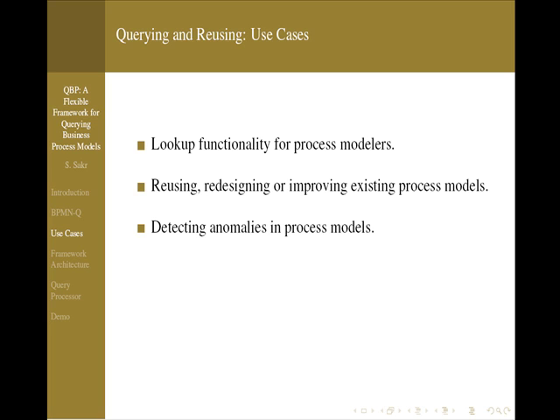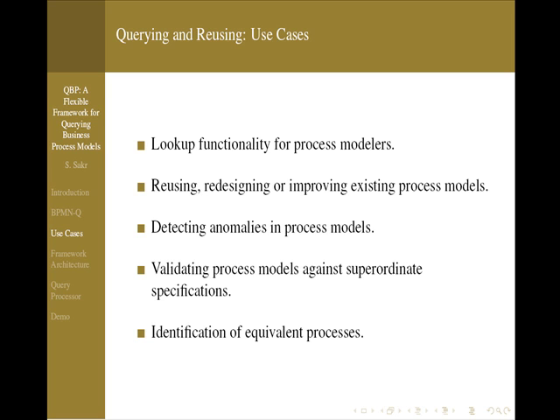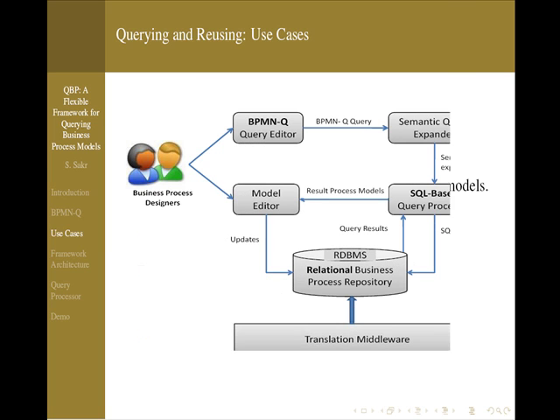It also helps in detecting anomalies in process models by detecting situations where deadlocks can occur or where any process instance is not compatible with its defined process model. So it's used for validating process models against superordinate specifications. Also, it is used for identification of equivalent and similar processes.